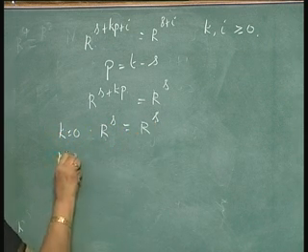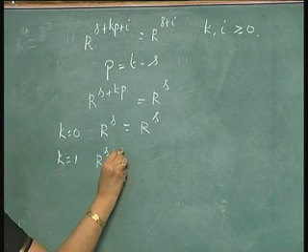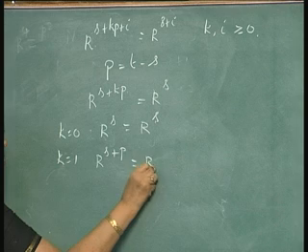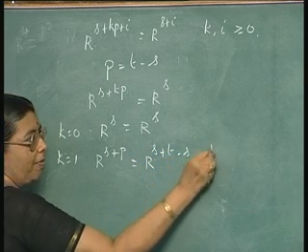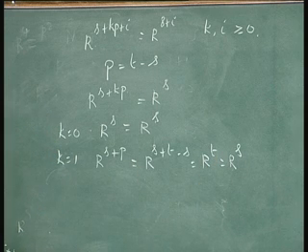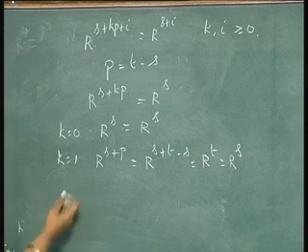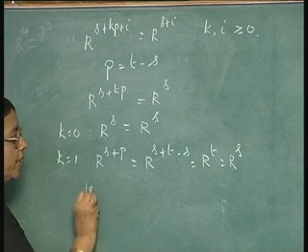For k is equal to 1, r^(s+p) is r^s times r^p, where p is t minus s, so that is equal to r^t, but we know that r^t is r^s. So, this is somewhat like the basis case of the induction, and you can show that using induction again.